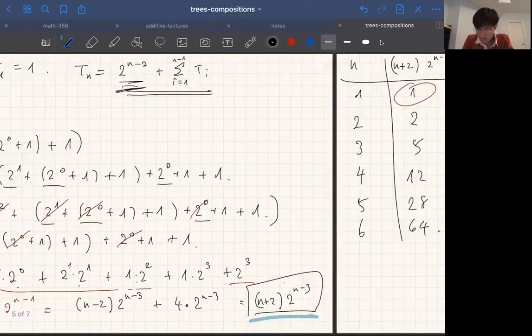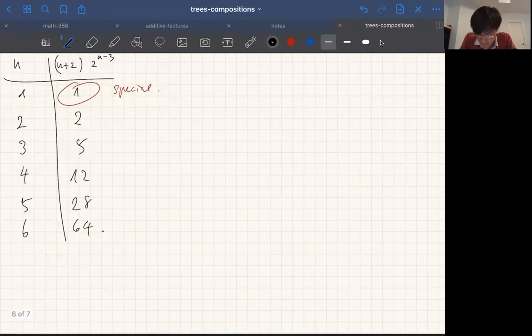Well, here's one observation. 2 to the n minus 2 is how many there are if we don't count the first edge and then we just count all the other ones. There are n minus 2 edges. And so 2 to the n minus 2 is the number of ways of at least doing this one side. So that's something.